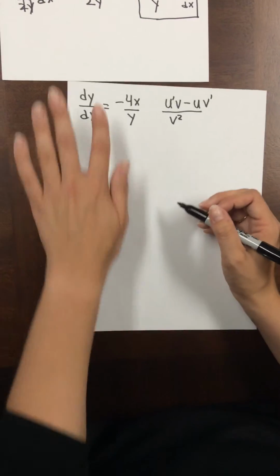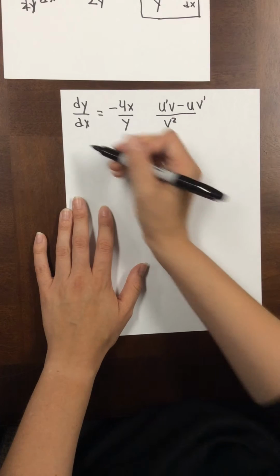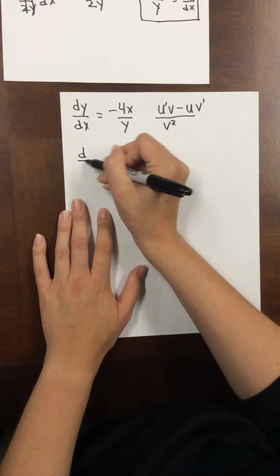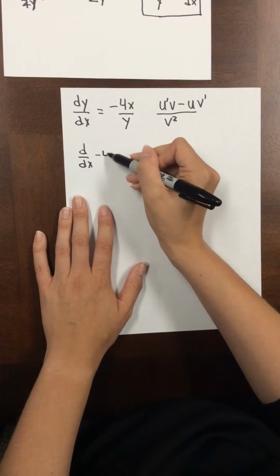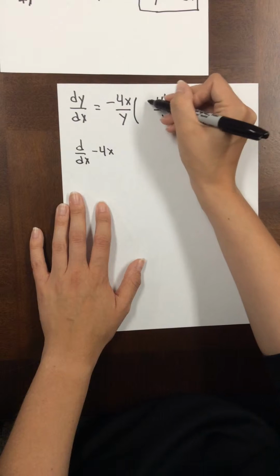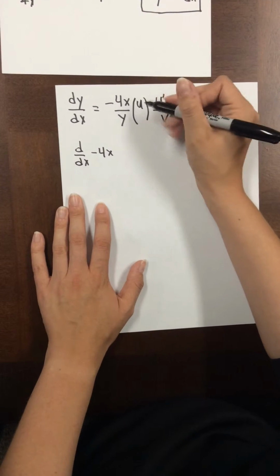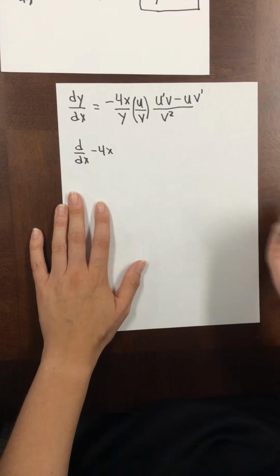As I set that up the same way using these terms of d over dx, I'm going to write the d over dx of negative 4x. Remember, this is the u, negative 4x is the u, and the y is the v, so it's u over v.